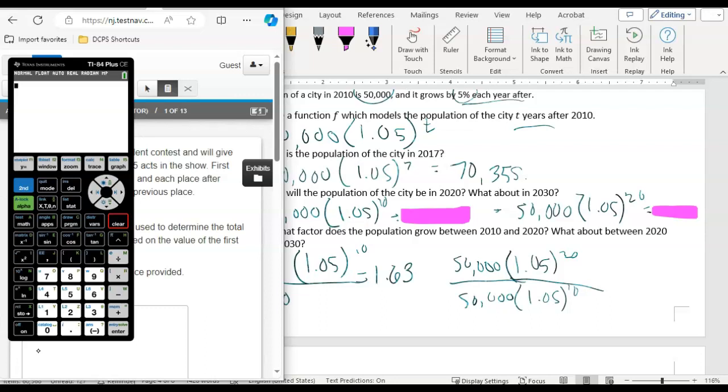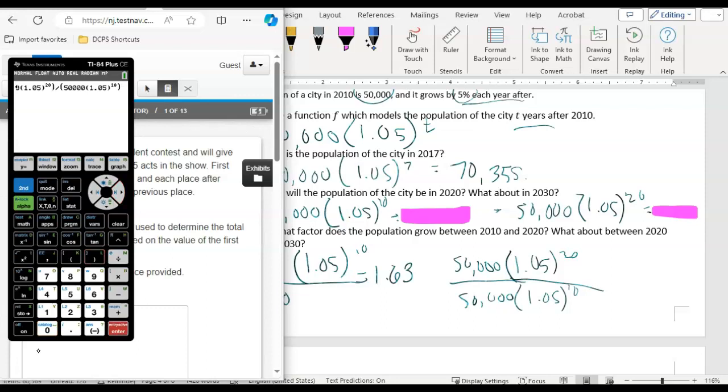And then we are looking at 50,000. Actually, let's go ahead and do parentheses. 50,000 times 1.05 to the power of 20 divided by 50,000 times 1.05 to the power of 10.